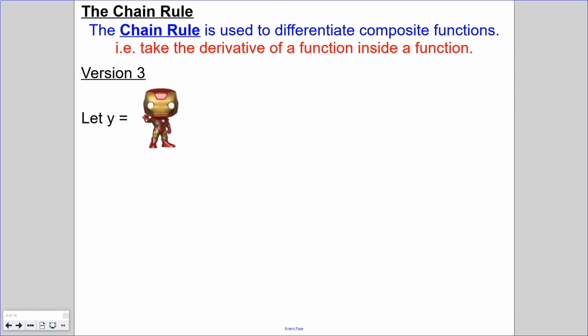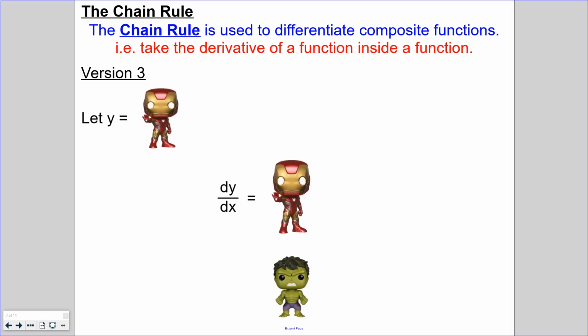So if we want to take the derivative of Tony Stark inside of Iron Man, we'd have dy over dx. And again, we would start with the outer function, which is Iron Man. We know that we are going to want to take the derivative of the outer function first. So, in order to take the derivative of Iron Man, we're going to ask our good old pal the Hulk to come by.